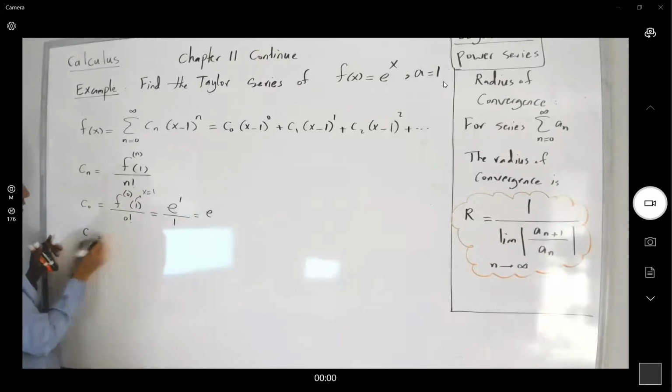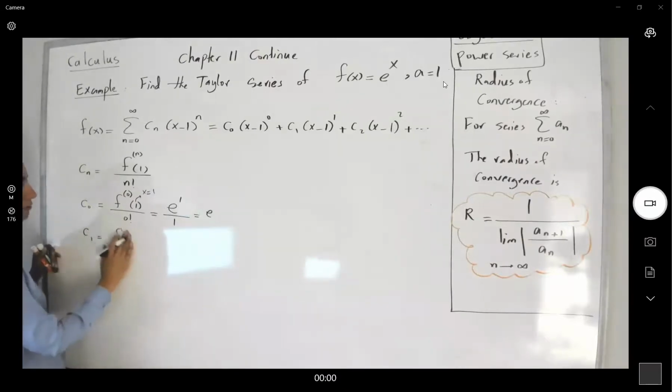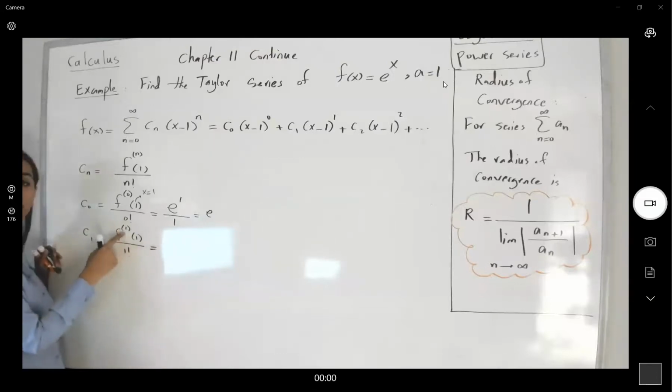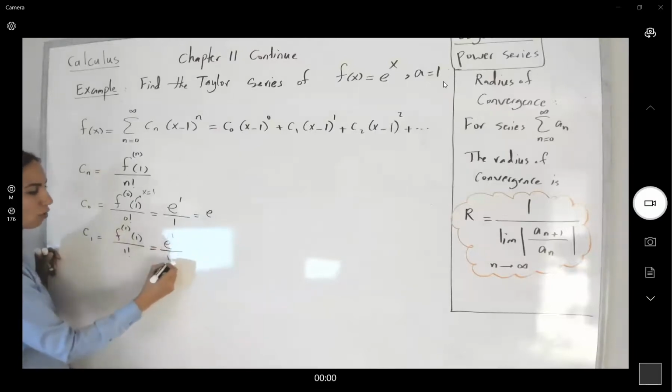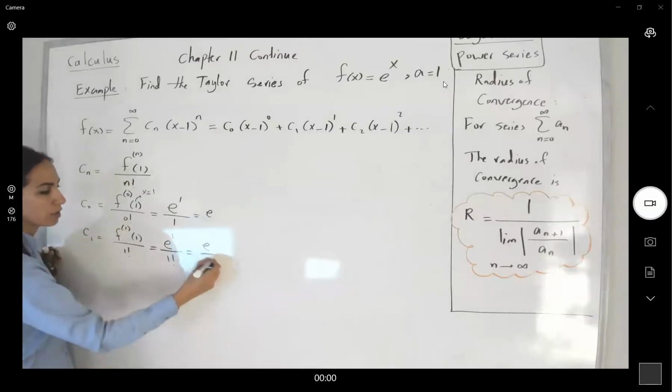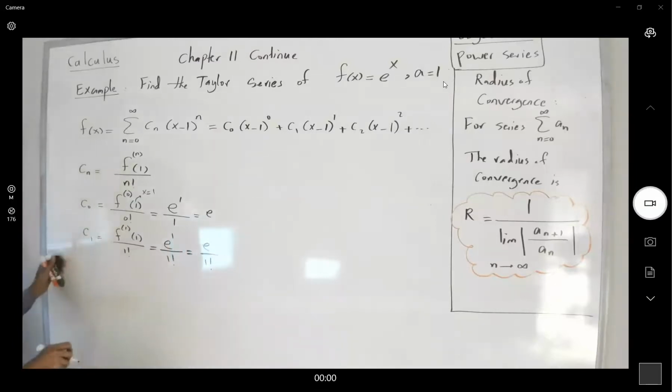C sub 1 is equal to the first derivative of f evaluated at a, which also happens to be 1, divided by 1 factorial. The first derivative of the function is just e to the x. x is also 1, so e to the first over 1 factorial, or e over 1 factorial.